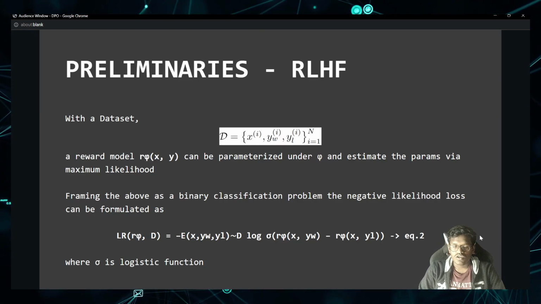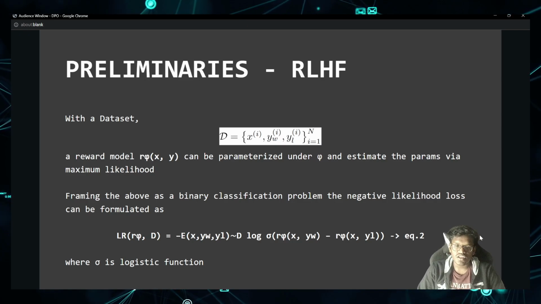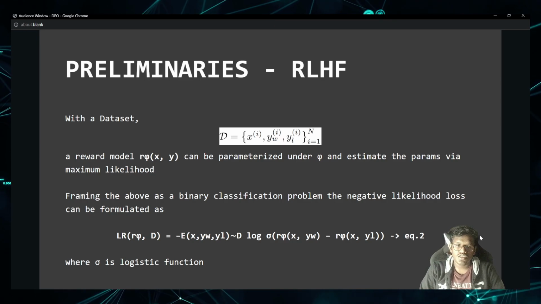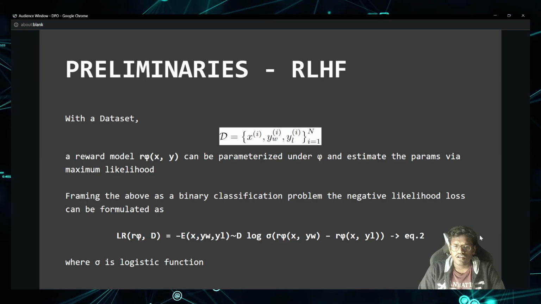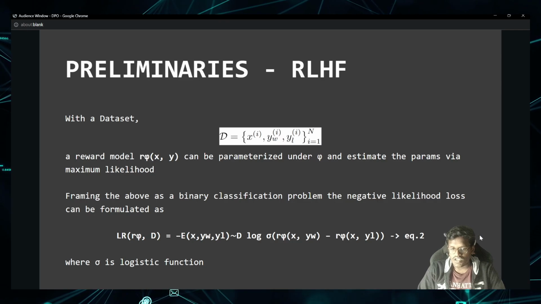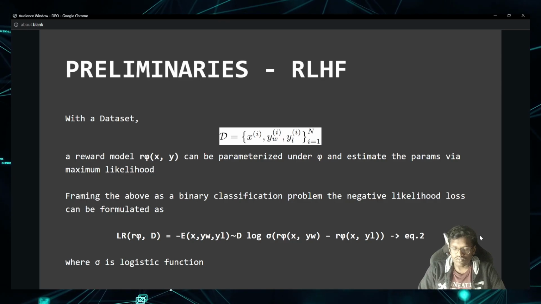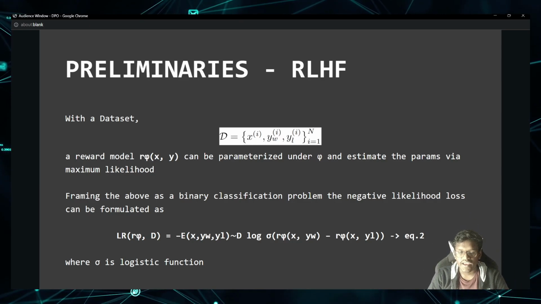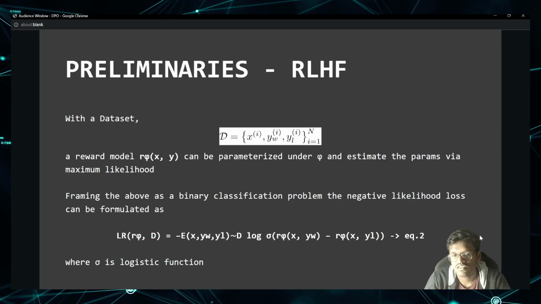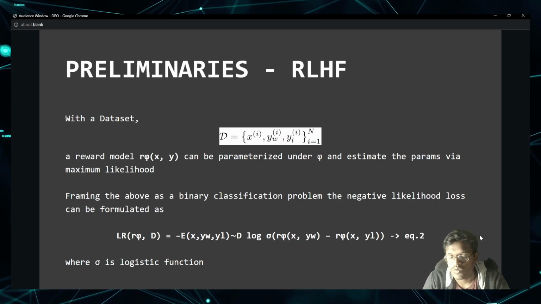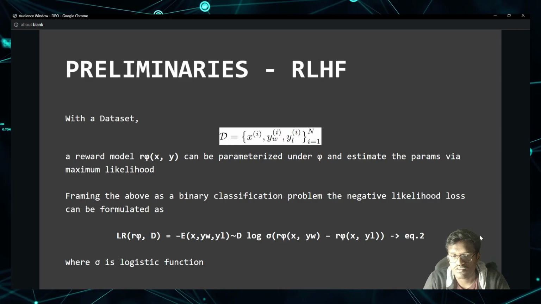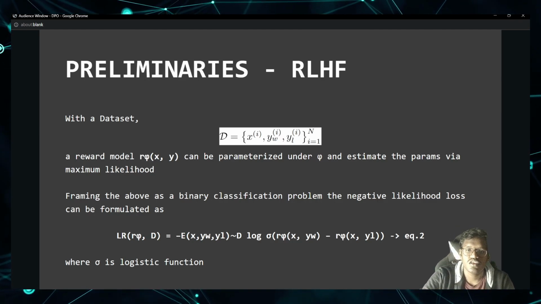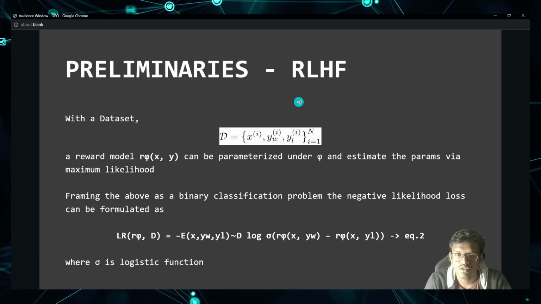Considering this, when we frame it as a binary classification problem, the negative log likelihood loss can be calculated as L_R of r phi comma D equal to minus E. Actually, it is not minus E, it is minus expectation. Expectation of (x, yw, yl) belonging to the dataset, like you see here xi, ywi, yli.